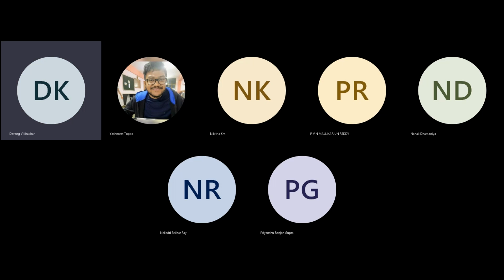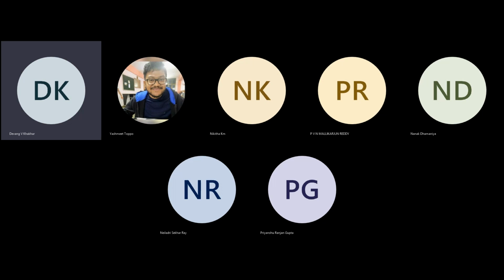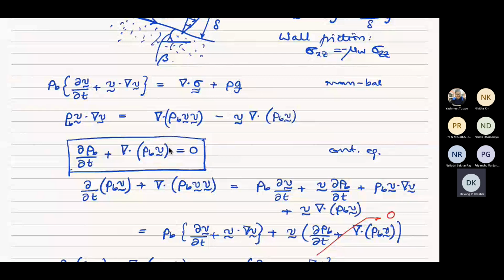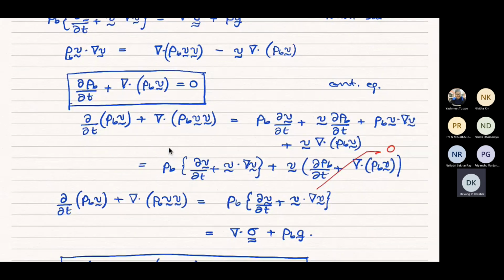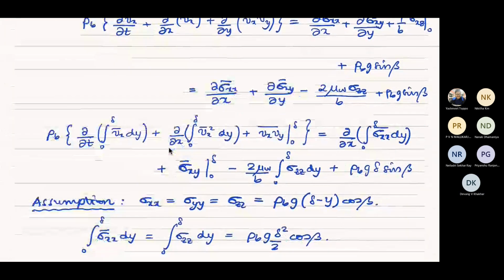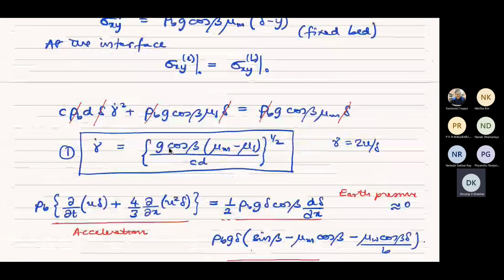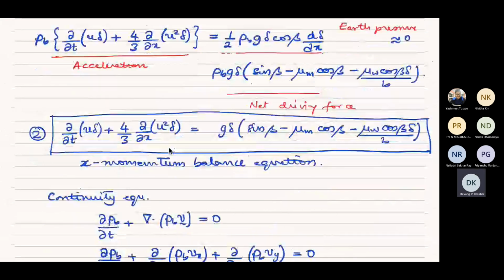No? Okay, so then let's go back to the whiteboard, as they say. So we were doing all this last time, we did the whole derivation, and we got this equation as I just discussed.